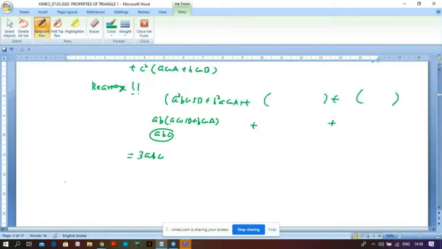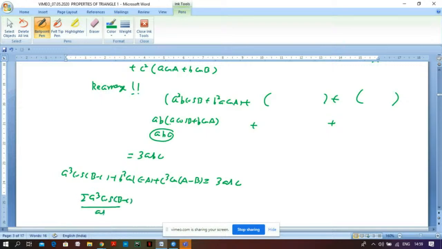So what you have derived is that A cube cos of B minus C plus B cube cos of C minus A and C cube cos of A minus B equals 3 times ABC. And so if you divide this by ABC, you wanted sigma A cube cyclic cos of B minus C over ABC, and that gives you 3.